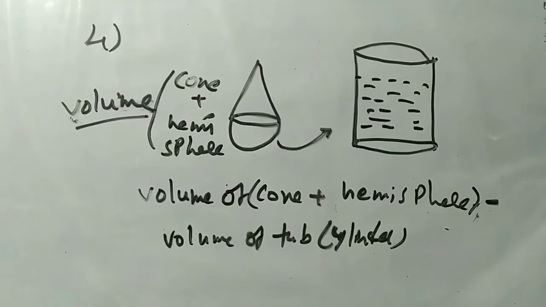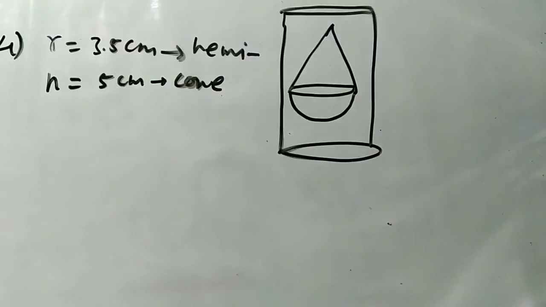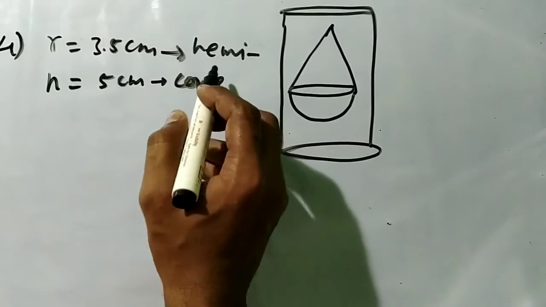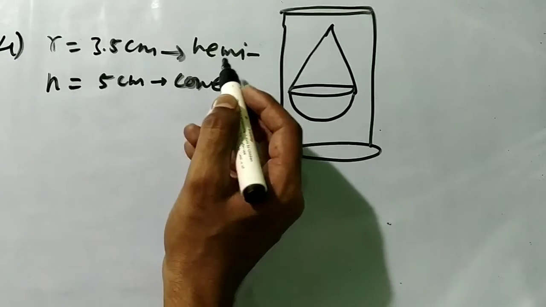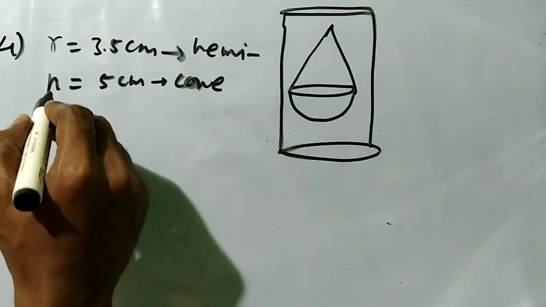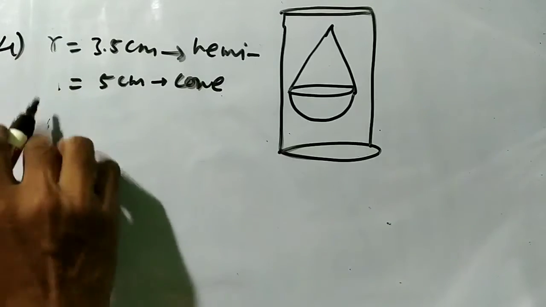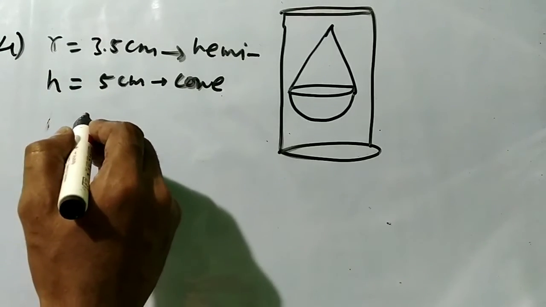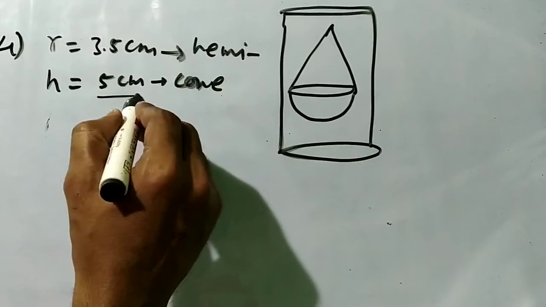Let's first find the volume of the cone and hemisphere. They have given R equal to 3.5 centimeters, which is the radius of the hemisphere, and h, the height of the cone outside the hemisphere, is 5 centimeters.